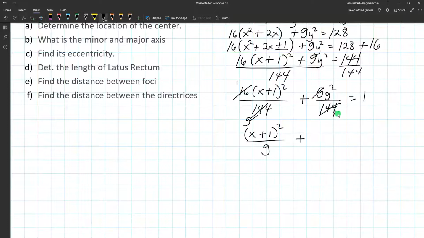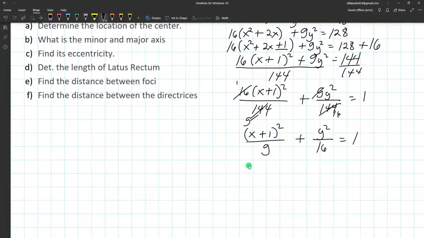This will become 16 if you divide both the numerator and denominator by 9. Now this is y squared over 16 equals 1.